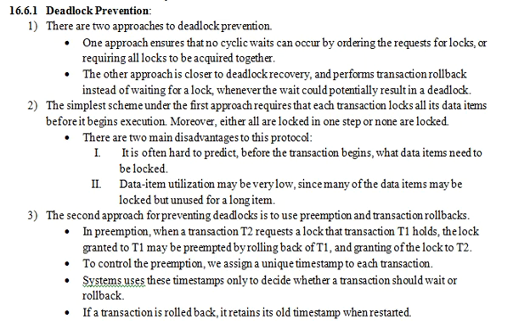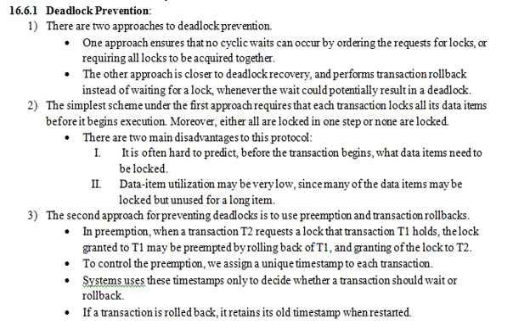Multiple transactions T1, T2, T3 are requesting locks in order, but we have to ensure that there are no cyclic waits. Cyclic waits means T1 is waiting for T2, T2 is waiting for T3, T3 is waiting for T1, like that. So the first approach is what? One approach ensures that no cyclic waits can occur by ordering the requests for locks, or requiring all locks to be acquired together.